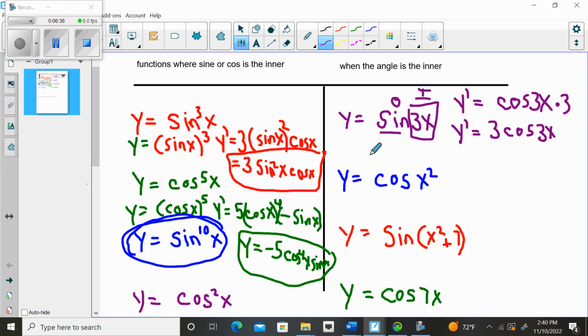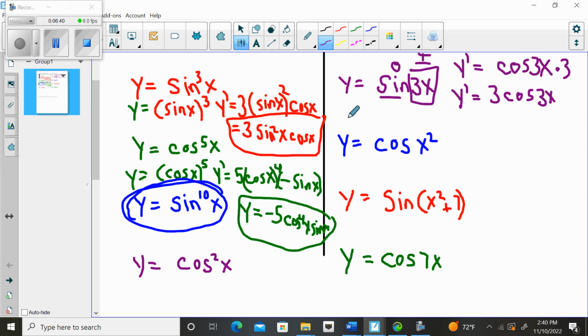All right, so let's try this next one together. Again, angle is the inner. Here's another common mistake: students think this means product rule. They look at this and say, oh, isn't there a times sign in between here? No, there's not, because this is the angle.